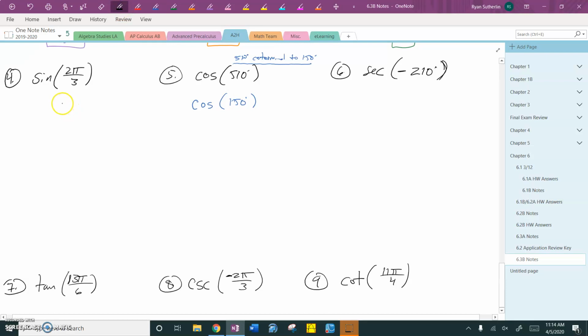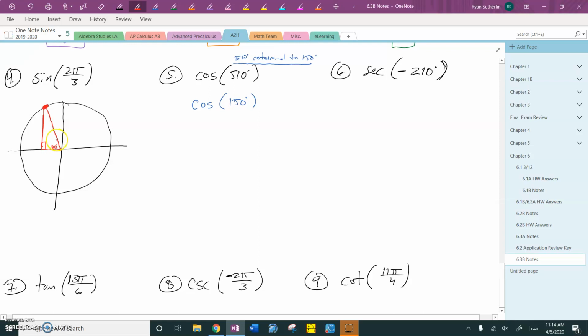All right, let's see how you did. For each of these, I'm going to do them building reference triangles. So 2 pi over 3. Pi over 3 is 180 over 3 is 60. 60 times 2 is 120. So that puts the triangle right here, which means my reference angle that I'm going to use is 60 degrees.